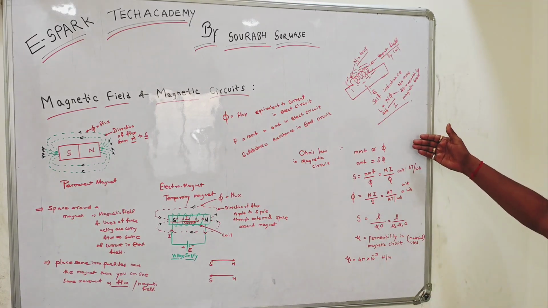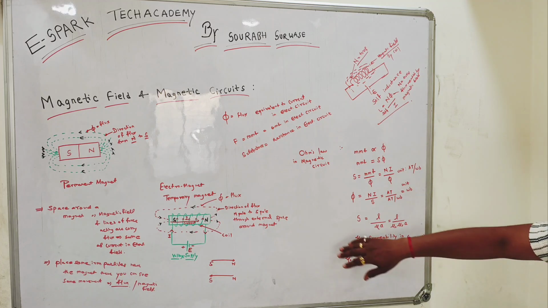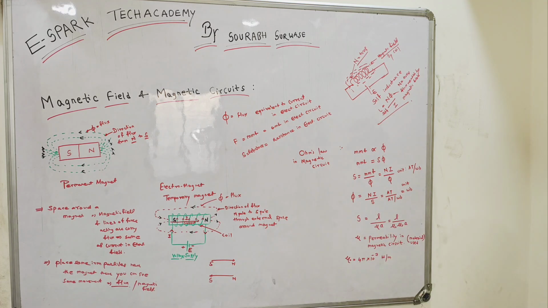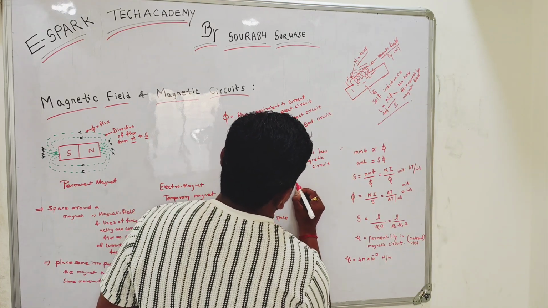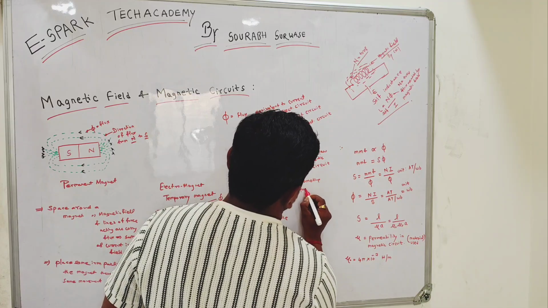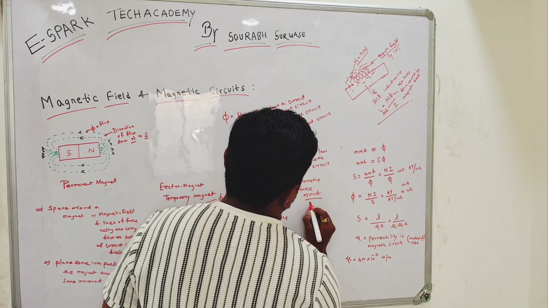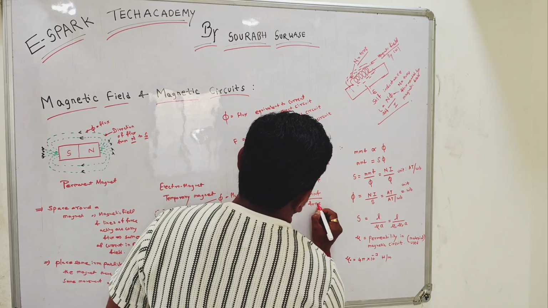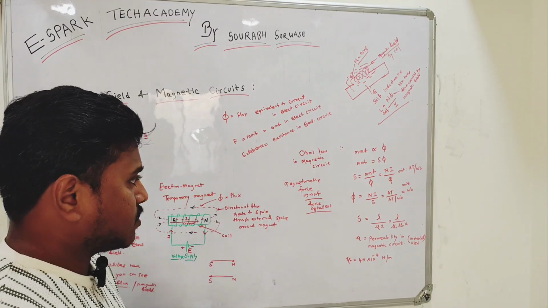Now here are some formulas I have noted down. As per Ohm's law in the magnetic circuit, MMF is the magnetomotive force. It is a force applied externally in order to create the flux.